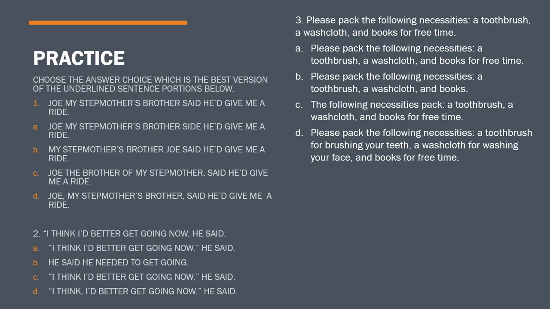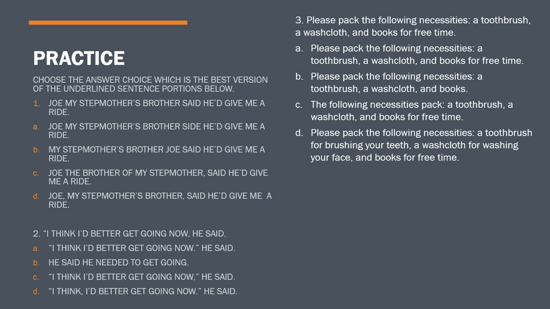C: Joe, the brother of my stepmother, said he'd give me a ride. D: Joe, my stepmother's brother, said he'd give me a ride. Going through those sentences, it's a little bit hard with the grammar incorrect for reading. Look at them. If you selected D as the correct sentence, you are correct.